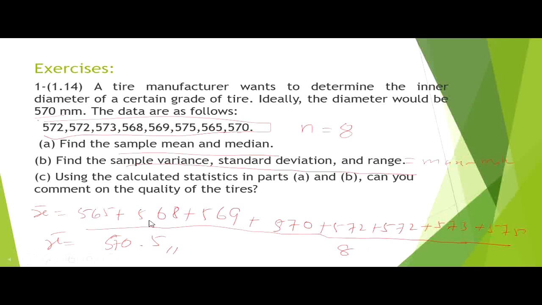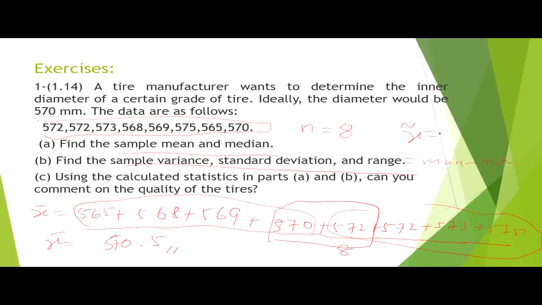Now the median is the middle value. There are 8 elements: the first 4 here, the next 4 here. So the middle value consists of 2 elements, 570 and 572. Therefore, what is the median?